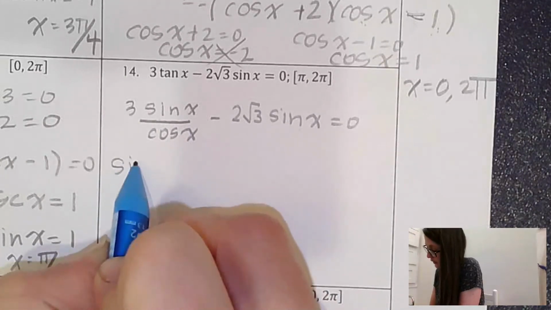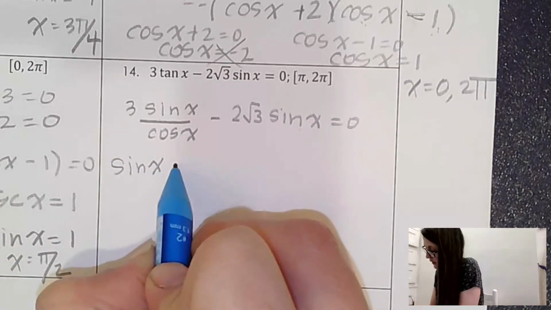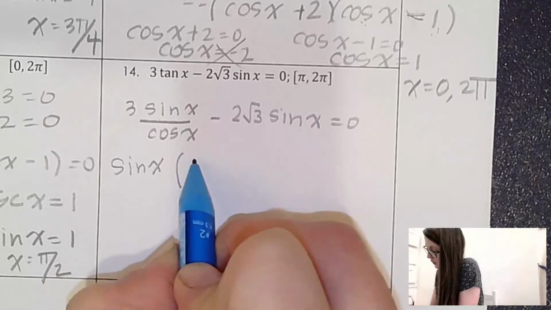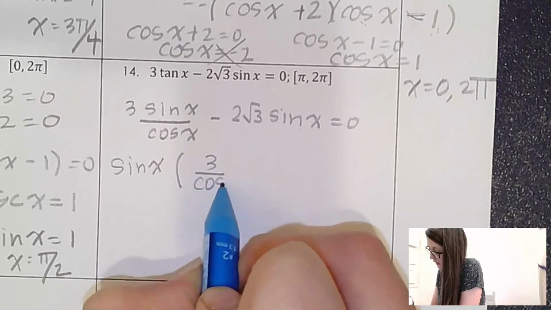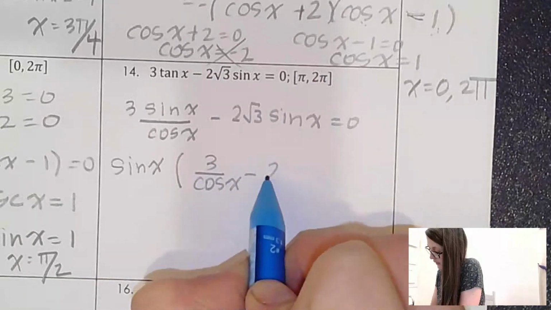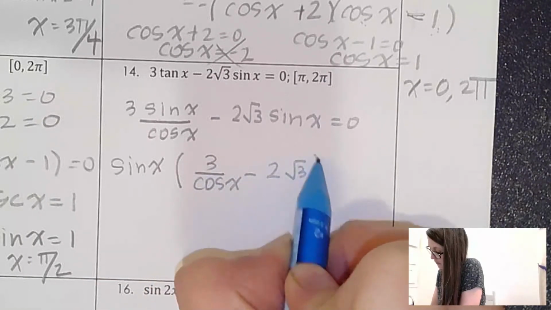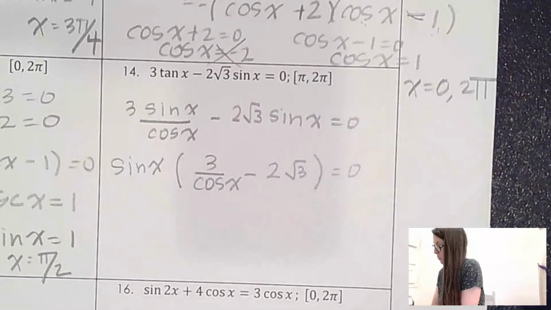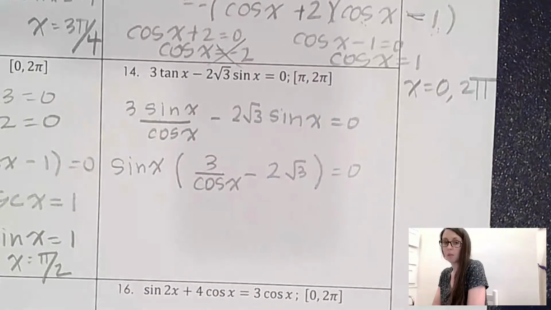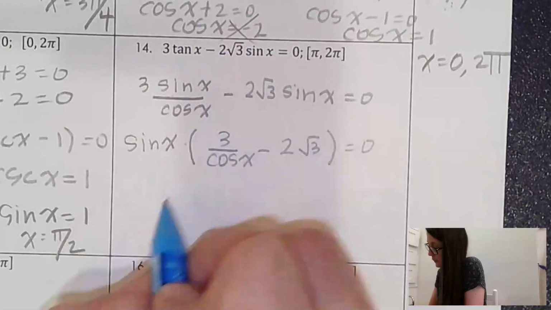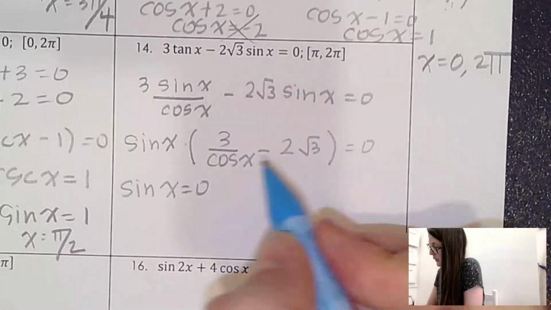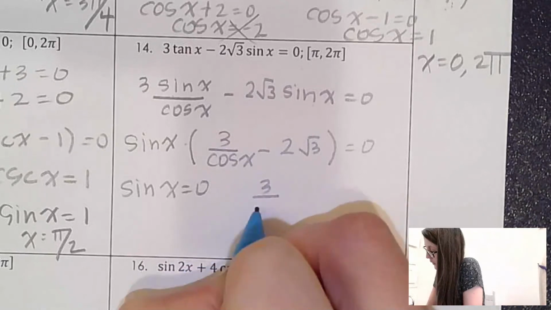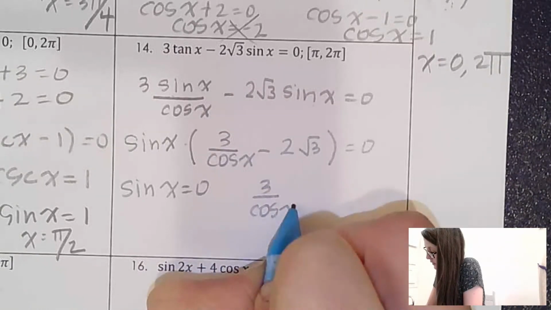Well, here, what can you factor out here? You can factor out a sine of x, and you will be left with 3 over cosine of x minus 2 square root of 3. So set both of those equal to 0. So we're left with sine x, where is sine of x going to be equal to 0? And where's 3 over cosine of x going to be equal to 2 square root of 3?